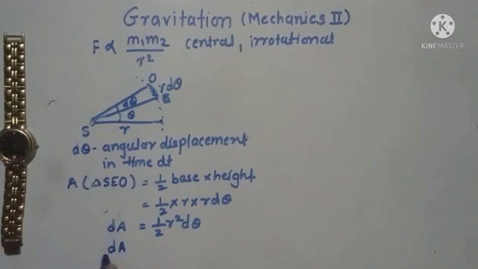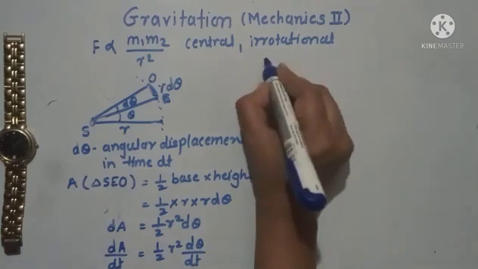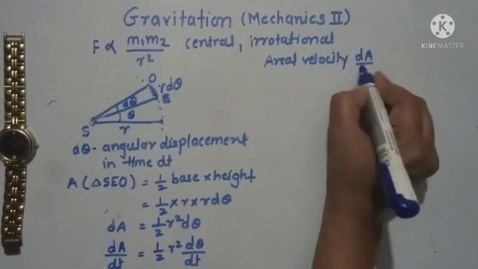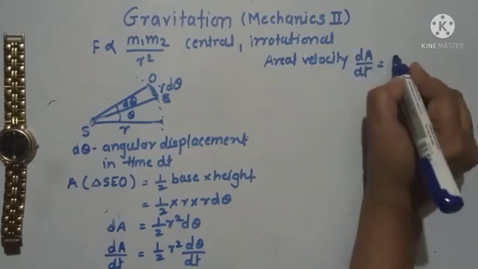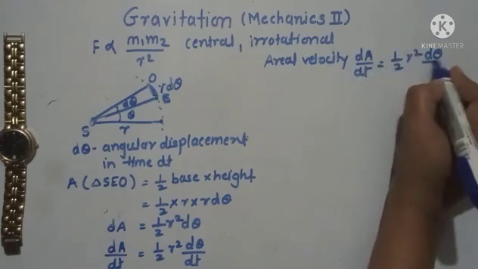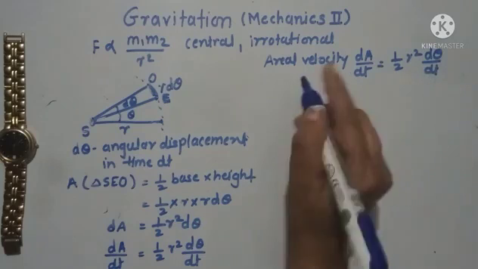Now let me divide it by dt, so it will be 1/2 r square d theta upon dt. This term is called the areal velocity. So areal velocity is dA upon dt, and we have calculated it as 1/2 r square d theta upon dt.